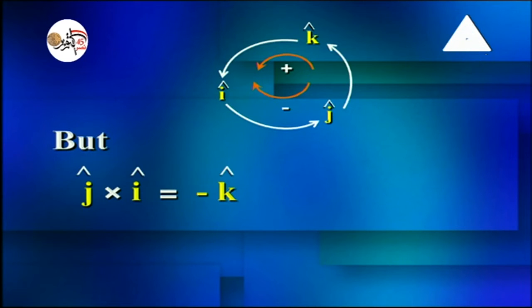Look at the direction. Therefore, we deduce that j cross i equals negative i cross j, since i cross j equals k, so j cross i equals negative k.